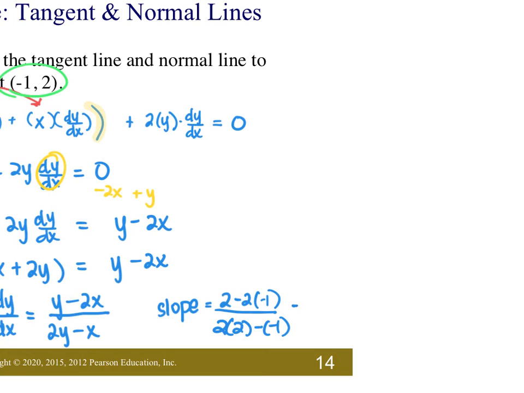All right, so the slope turns out to be 2 plus 2 in the numerator, and then 2 times 2 plus 1, so 4 plus 1, so 4 over 5.